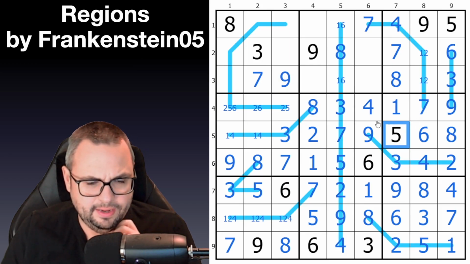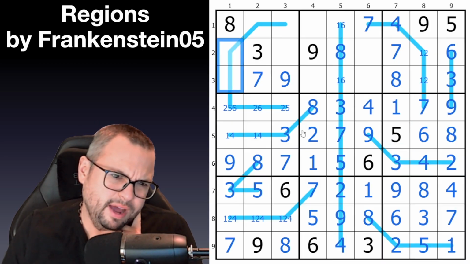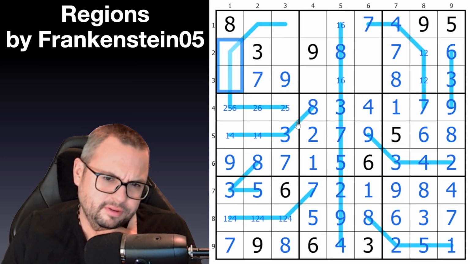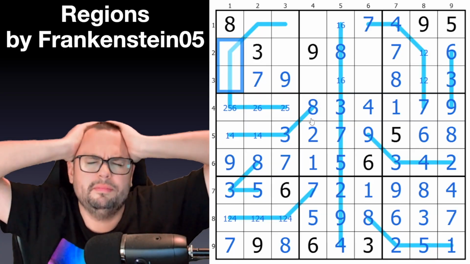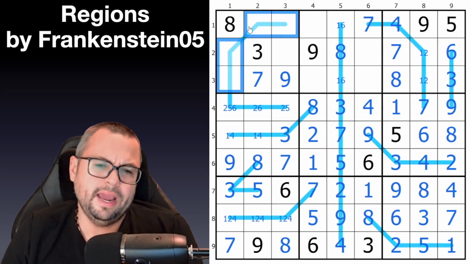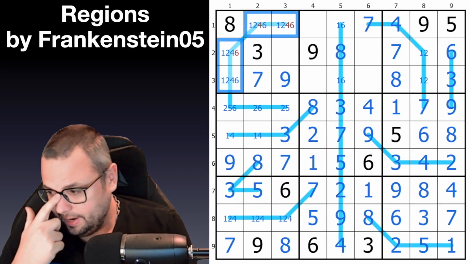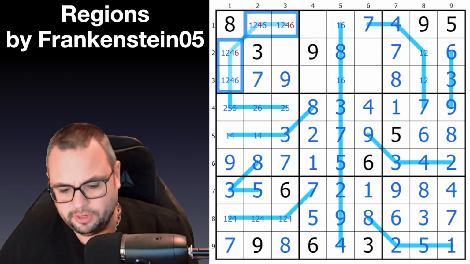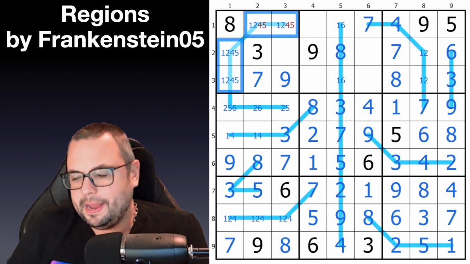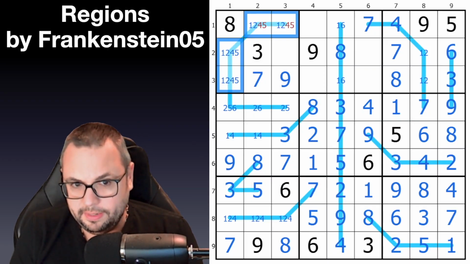Let's see. In fact, actually, what's 1, 2, 4, 5? 1, 2, 4, 5 is the minimum this can sum to. That is 12. So the actual only way I can do this is as 1, 2, 4, 6. And I'll explain that just in case you haven't seen this trick before. If you minimize it, you of course hope that when you minimize it, you'll get it exactly right and then you win.